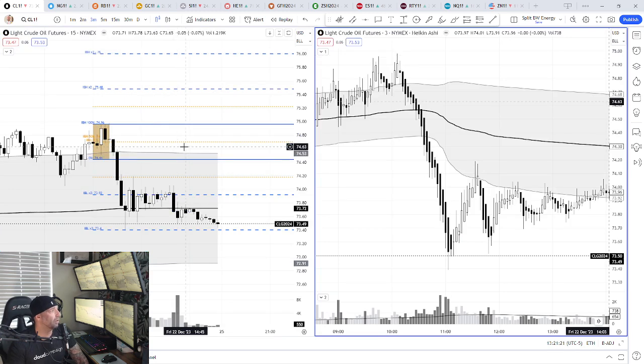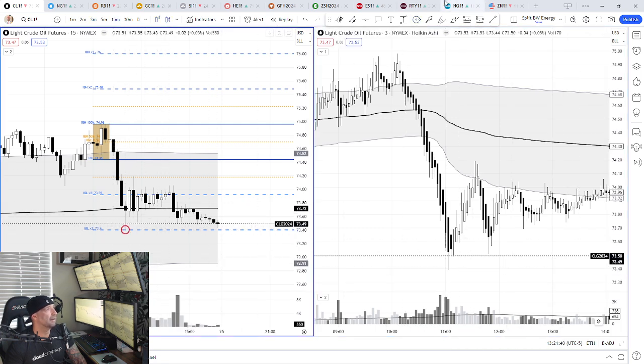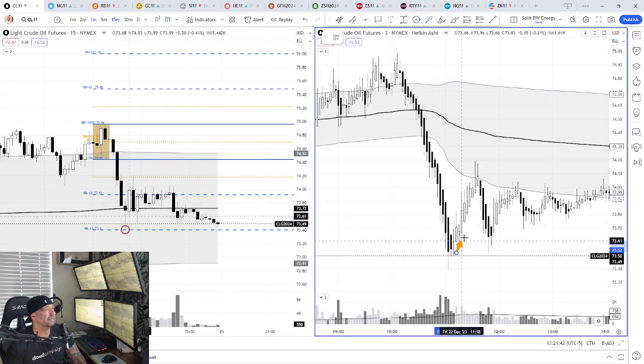All right, so let's go to oil. We also got a nice trade here. This broke out of value pretty early, 10:30 in the morning. We sold off all the way down to 3x lower IB, so this would have been a nice area to get in, almost to the tick. And we went long.